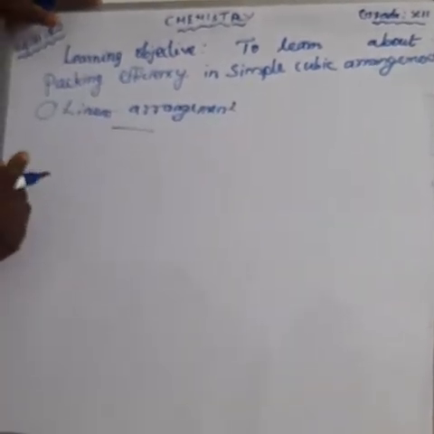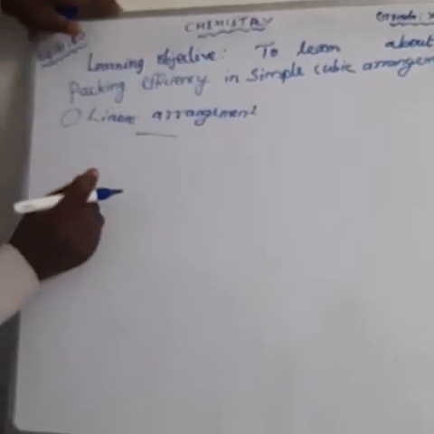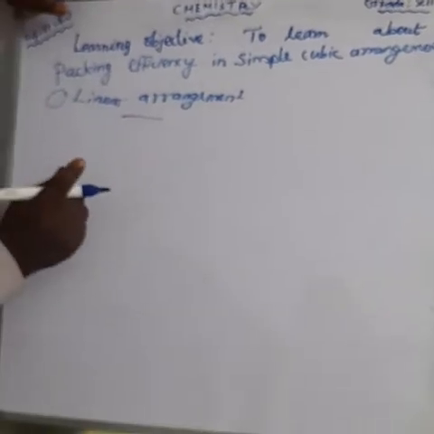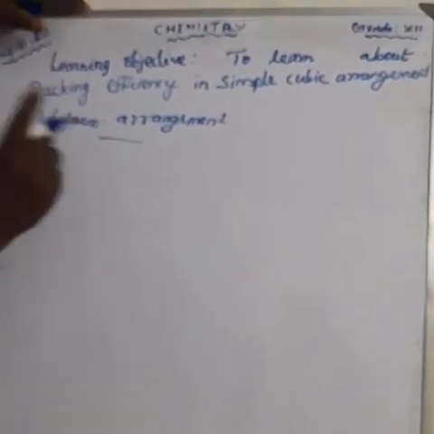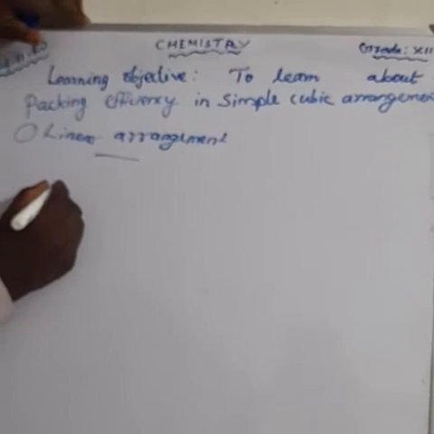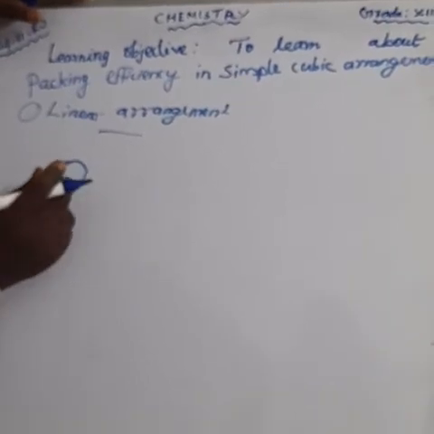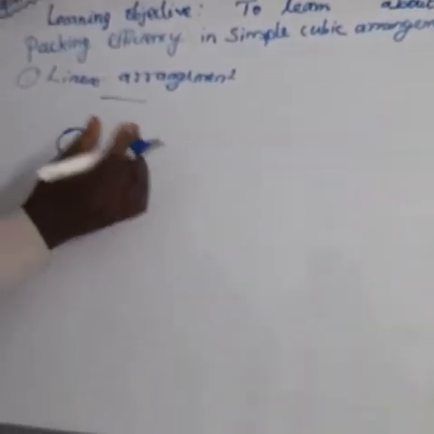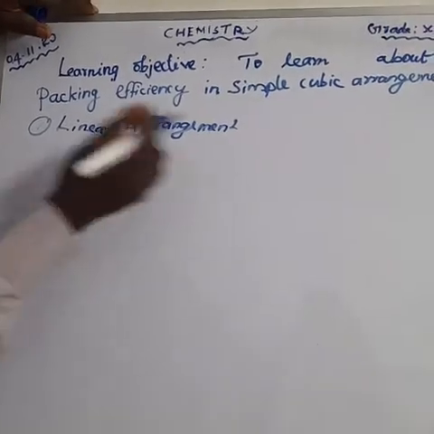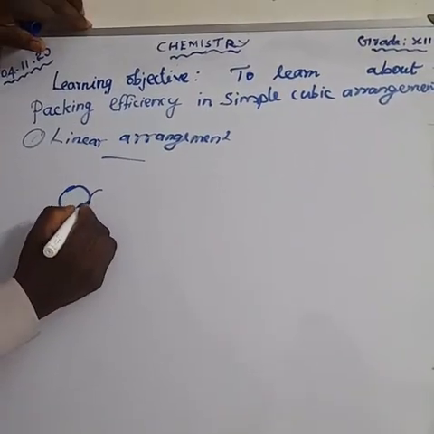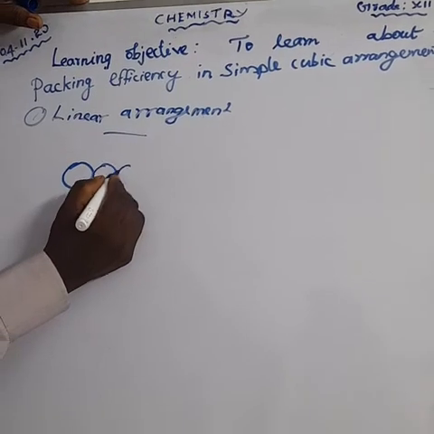Linear arrangement: in a specific direction, it is possible to arrange the spheres in only one direction. This is one sphere. Each sphere contacts two neighboring spheres. This is one of the spheres, and it also contacts another sphere.